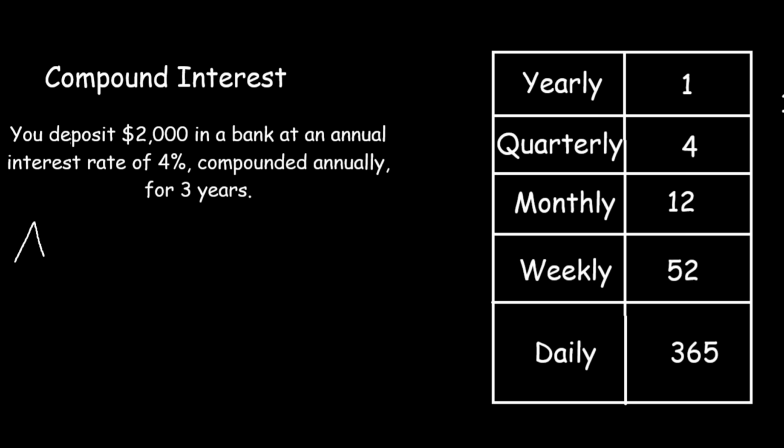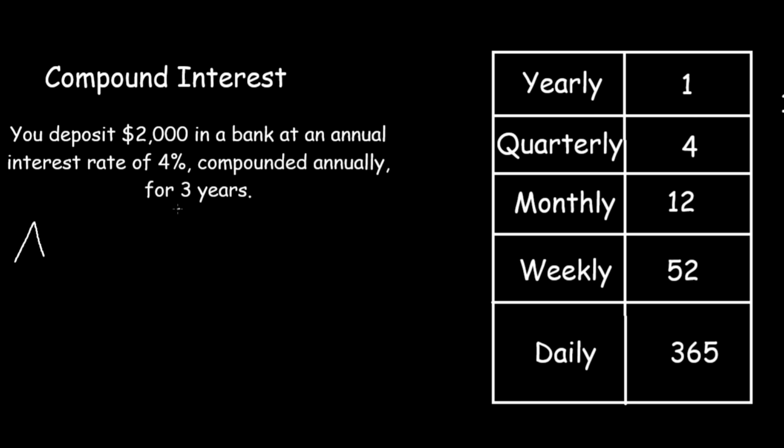So, our first practice question for compound interest: you deposit $2,000 in a bank at an annual interest rate of 4%, compounded annually for 3 years. So we put $2,000 into a bank with an annual interest rate of 4%, and that money is then compounded annually for a time duration of 3 years.